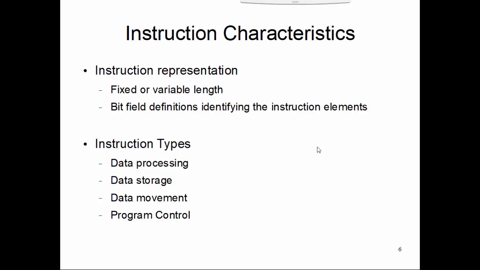If you recall, R-type, for example, has the first 6 bits as opcode, then the next 5 bits are RS, then the next 5 bits are RT, then the next 5 bits are RD, then the next 5 bits are your shift amount, and the next 6 bits are the function code. How do we decide it? We could have done it the other way, or any way we could think of, but at some point, with some discussion, it has been fixed.